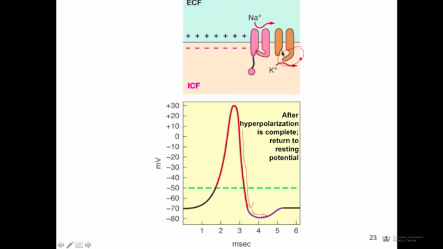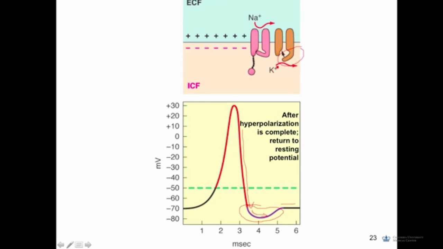So what that means is that sluggishness in shutting the voltage-gated potassium channel means that a little more potassium leaks out of the cell than is necessary to bring the cell back to resting. Okay? And that leaking of extra potassium out of the cell is what's responsible for the hyperpolarization phase of the action potential. Okay? But eventually the cell comes back to resting.